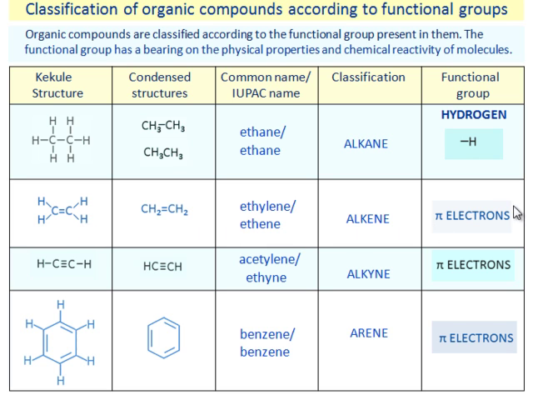Functional group: pi electrons. Class of compound: alkyne, exemplified by acetylene. Functional group: pi electrons. Class of compound: arene, exemplified by benzene. Functional group: pi electrons.